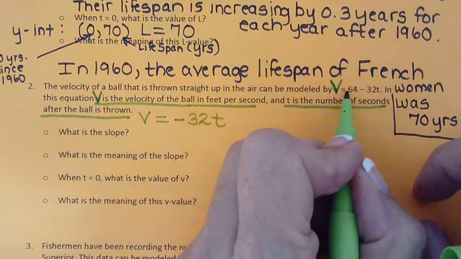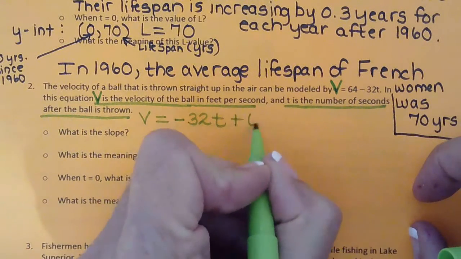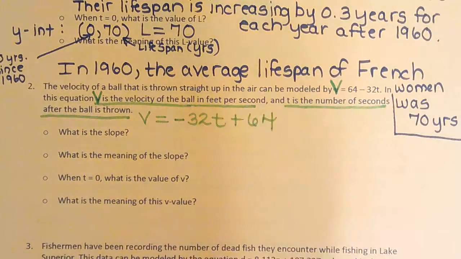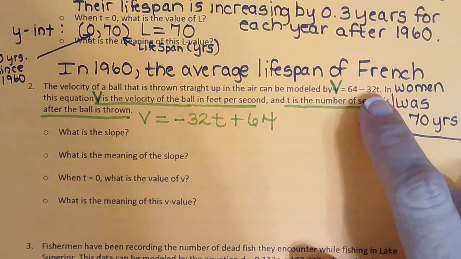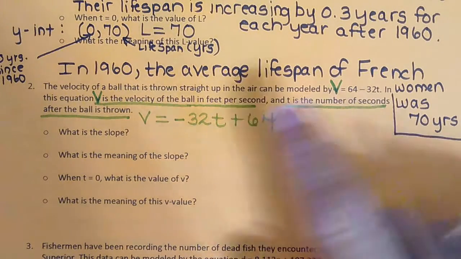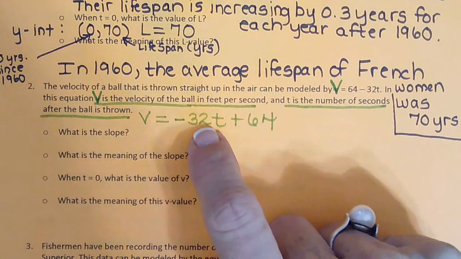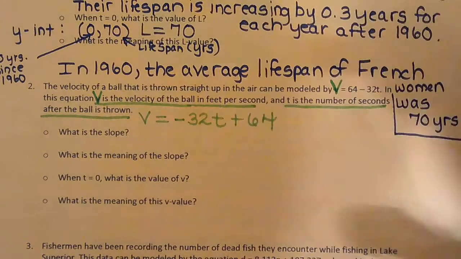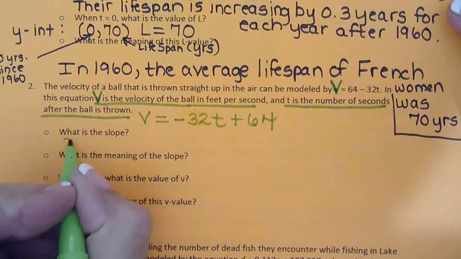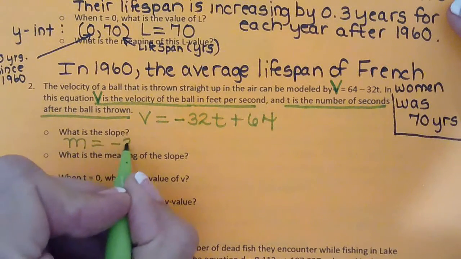And then 64 doesn't have a sign in front of it. That means it's positive. Because lots of times I notice when students leave it in that form, then they think this is a slope and this is a y-intercept. You always have to have the variable term first, because whatever's in front of the variable, that's the slope. So the slope is negative 32.